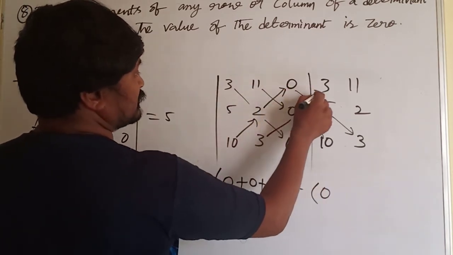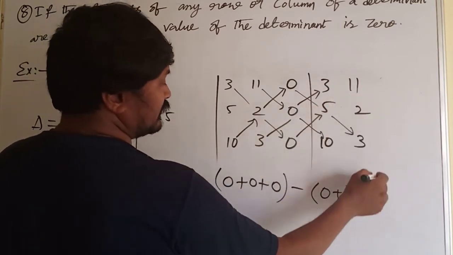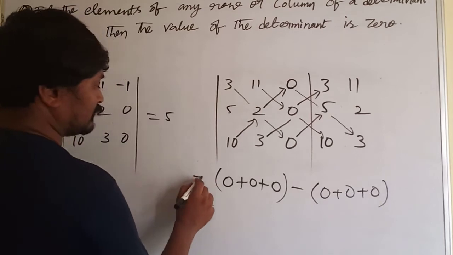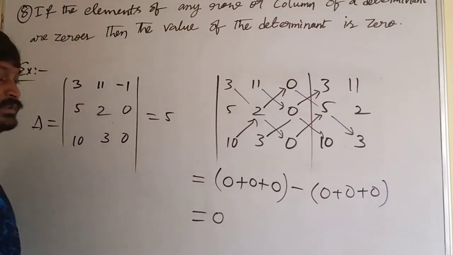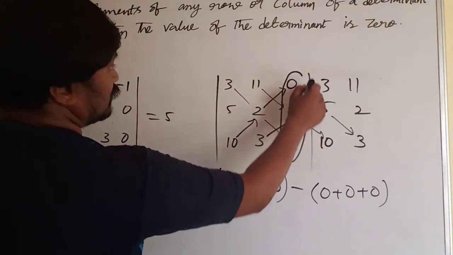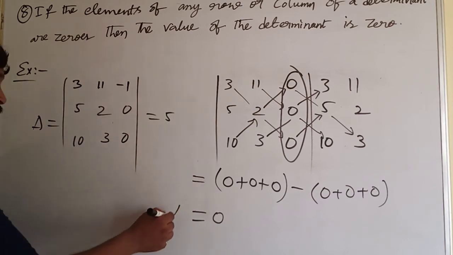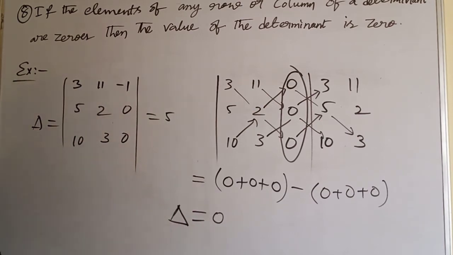Next, 3 times 0 is 0, 0 into 5 is 0. So what did you get as the answer at last? 0. So what they are saying is, if any row or column is completely zero, the total determinant should be zero. The delta becomes zero. So that is about property number 8.